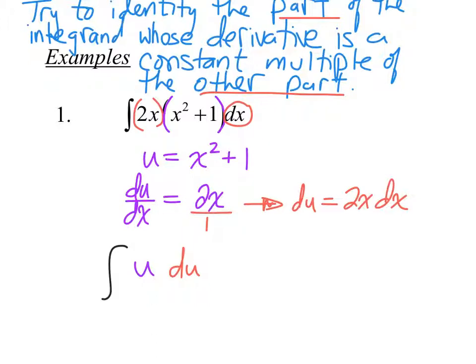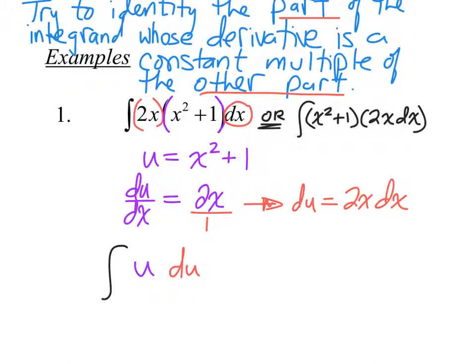We're taking pieces out. Now, you may want to reorganize. If it's not something that's comfortable for you, you may want to reorganize your integral and write it this way. X squared plus 1 times 2x dx.